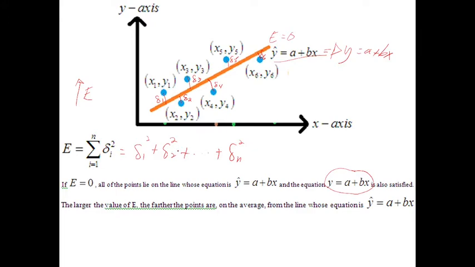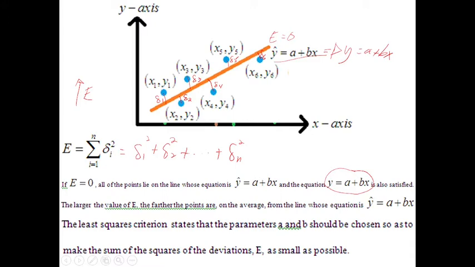Ngayon, the least squares criterion states that the parameters a and b should be chosen so as to make the sum of the squares of the deviations E as small as possible.